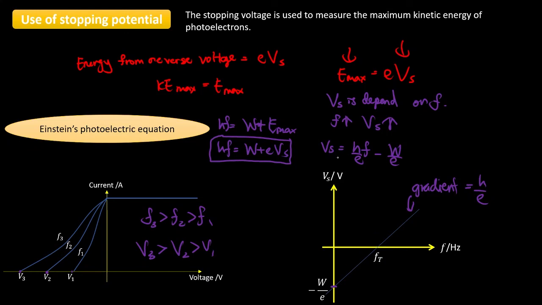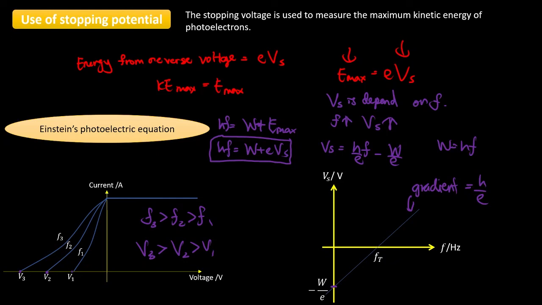Why is it the threshold frequency? When Vs is equal to 0, the equation becomes W equals hf. Thus, this f is your threshold frequency.